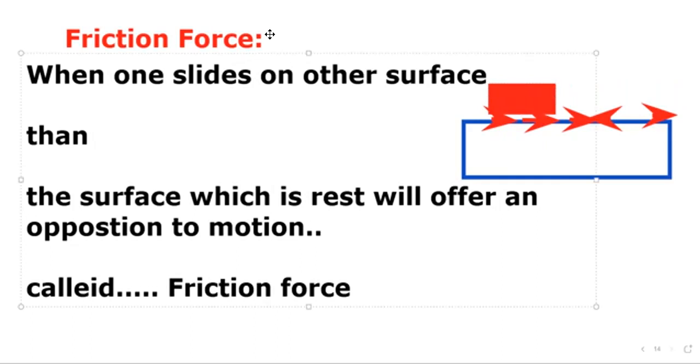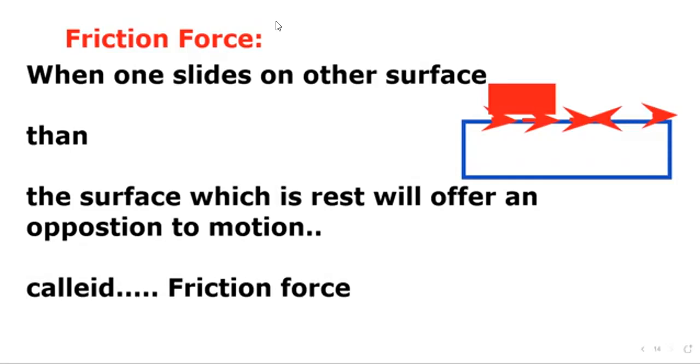So friction is actually when one surface slides on another surface, then the surface which is in a rest or stationary state will resist the motion of the sliding surface. That is called friction force.